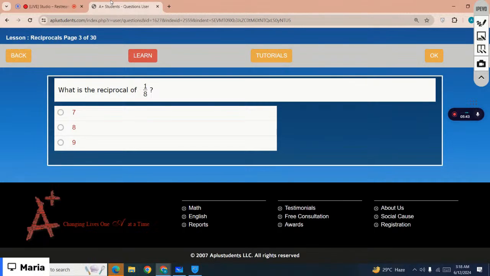What is the reciprocal of 1 over 8, which is the correct option?